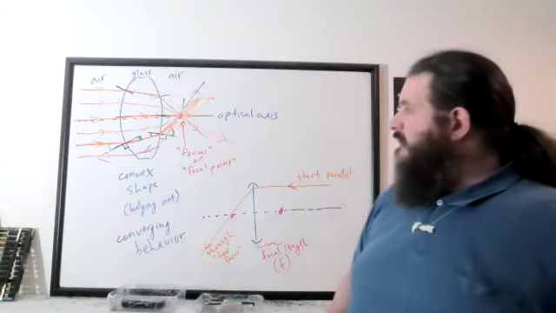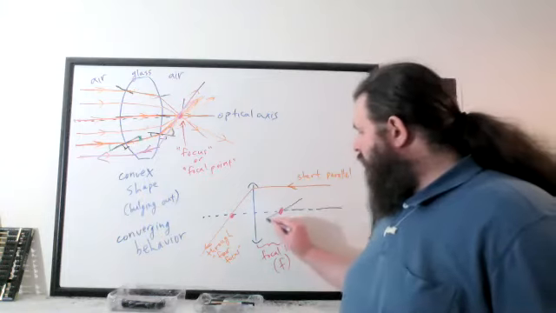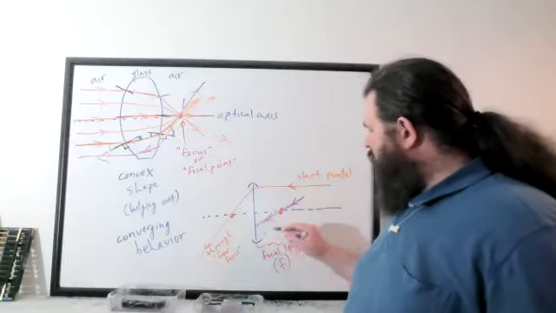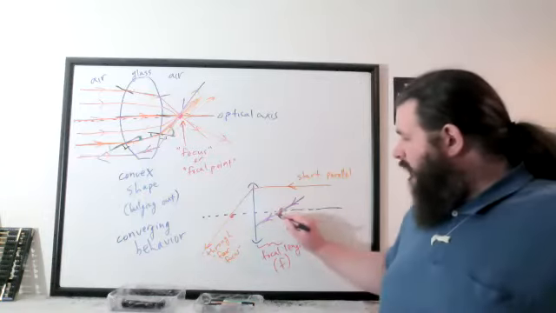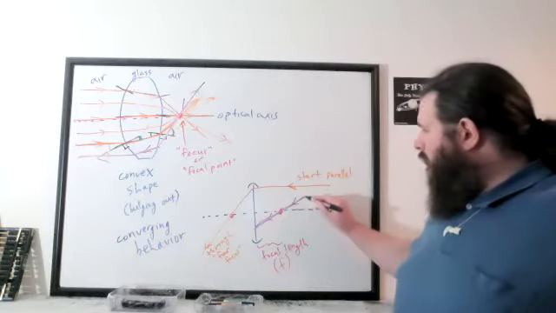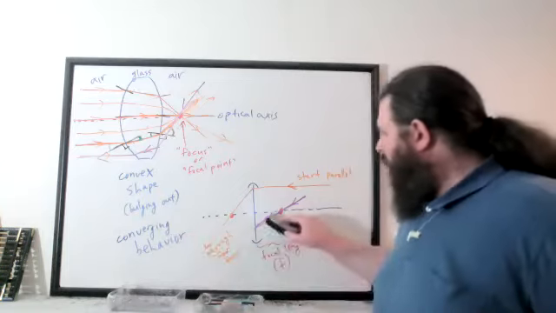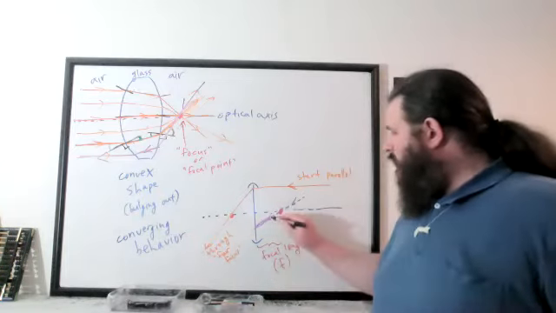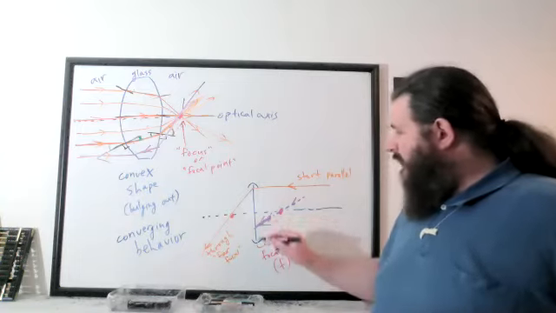So that means if you have a ray of light that starts off passing through the focal point, let's say this ray of light right here, it doesn't really matter where it starts. Maybe you've got a ray of light from the focal point traveling towards the lens, or from somewhere further back traveling through the focal point to get to the lens, or maybe it doesn't even go through the focal point. Maybe you've got a ray of light that starts here and goes towards the lens without even passing through the focal point.